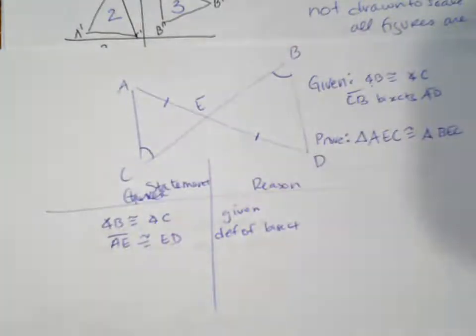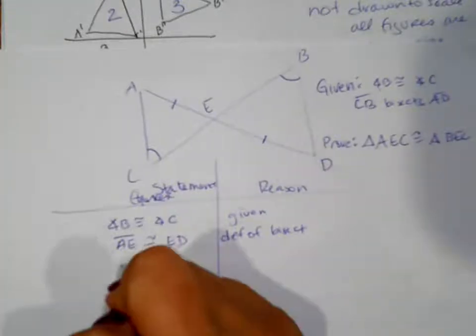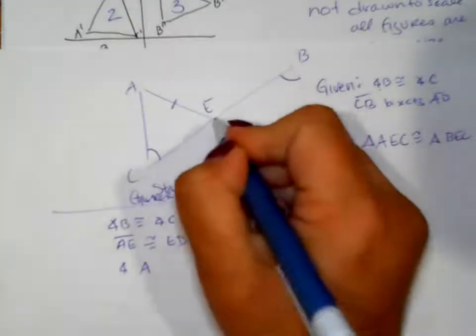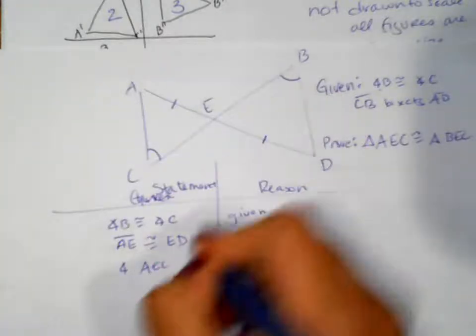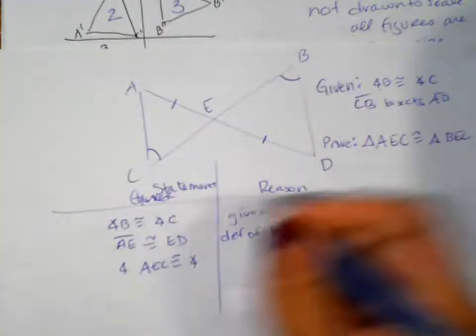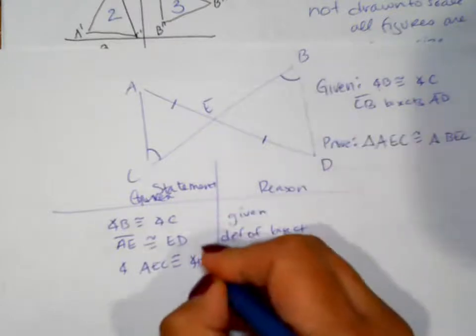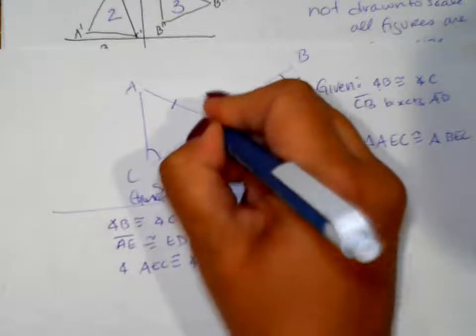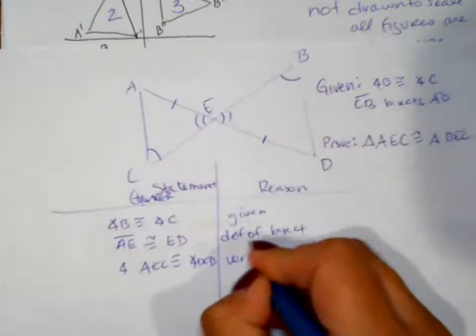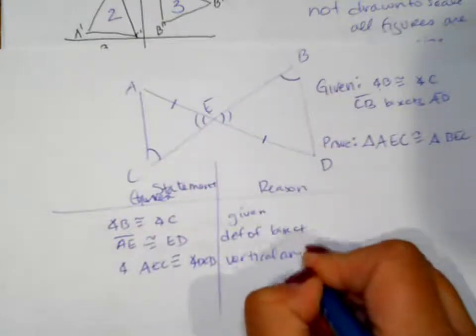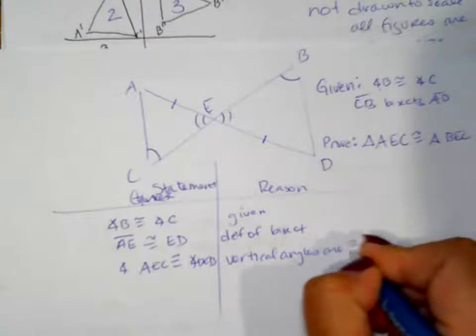And then here's where your vertical angles one comes in handy. I can say that angle AEC is congruent to angle DEB because of vertical angles. Vertical angles are congruent.